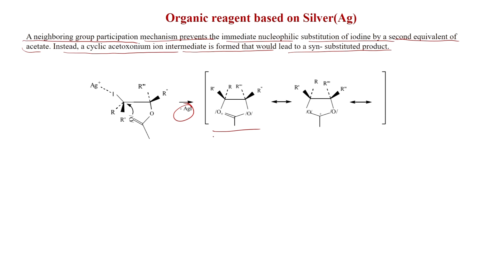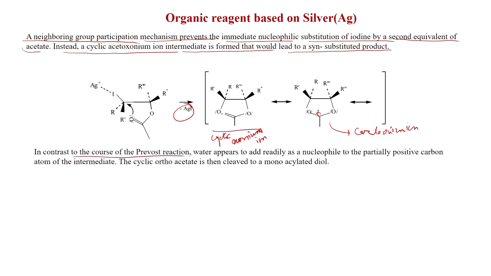So this is the cyclic oxonium ion, and this can be in resonating structure with this carbonium ion. There is a positive charge here, carbonium ion. In contrast to the course of the Prevost reaction that we will see, in Prevost reaction you cannot use water, but here you have to use water.